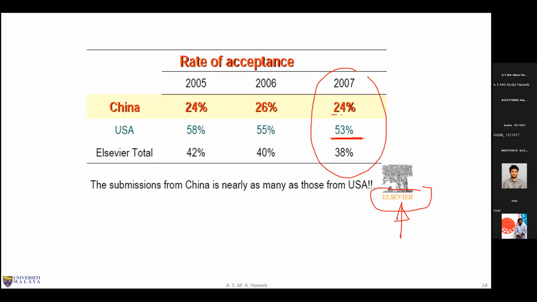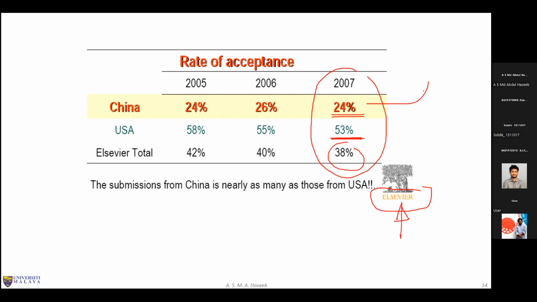They compared this with papers coming from China. They see that 1/4 of the papers are accepted and 3/4 are rejected based on the reviewers' assessment. This is the average.